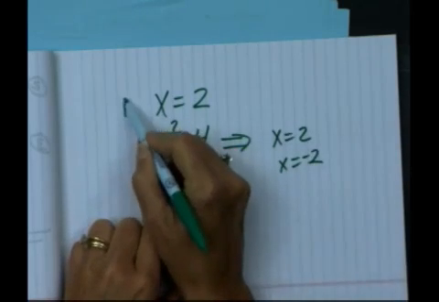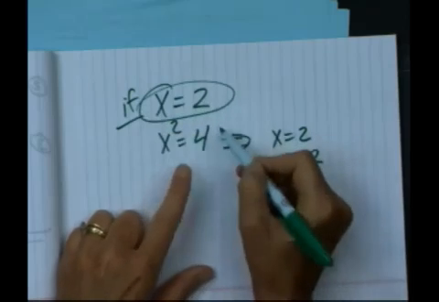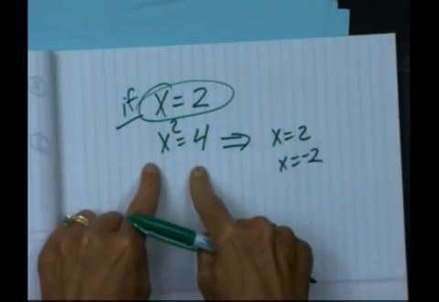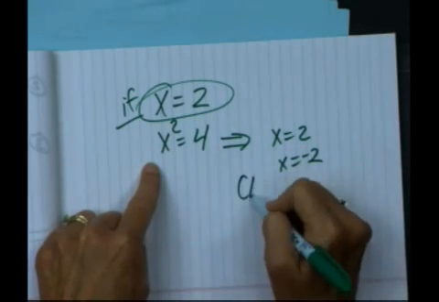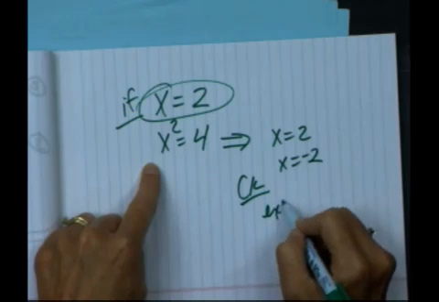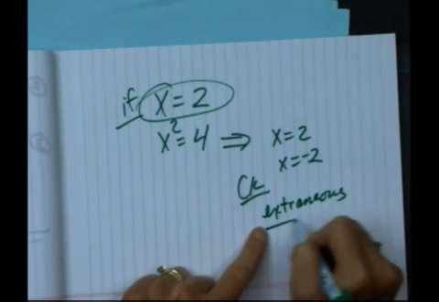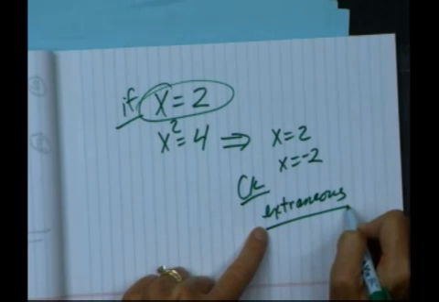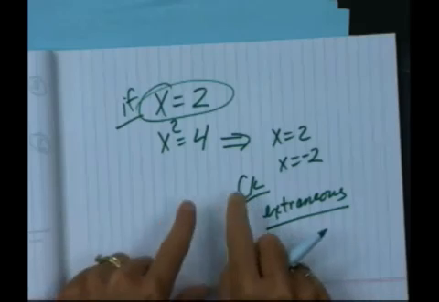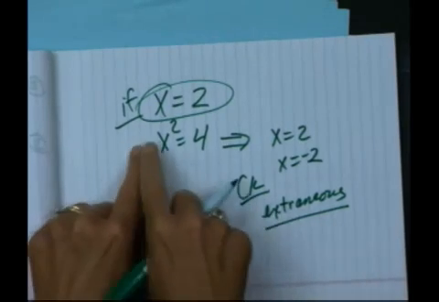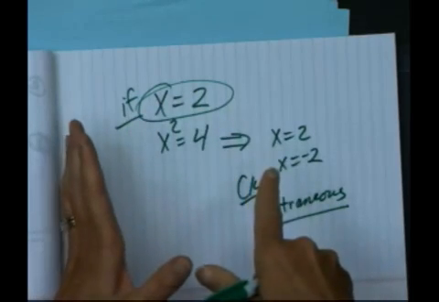But in my problem, x was really only 2. So anytime you squared both sides of an equation, you always had to go back and check for what were called extraneous, or fake, solutions. You had to be careful about checking to make sure it was true in the original problem.